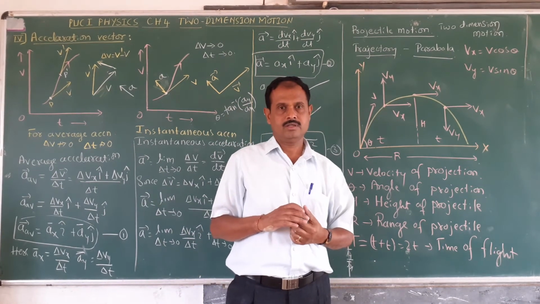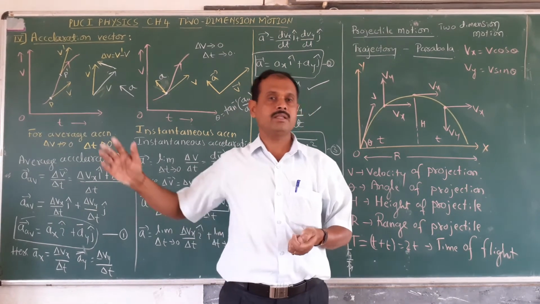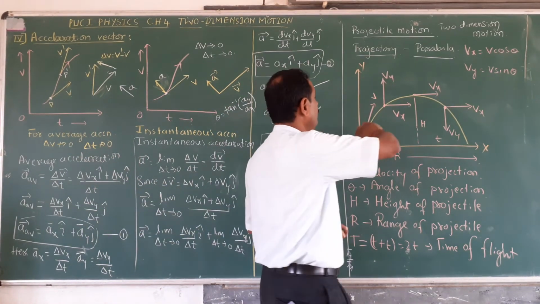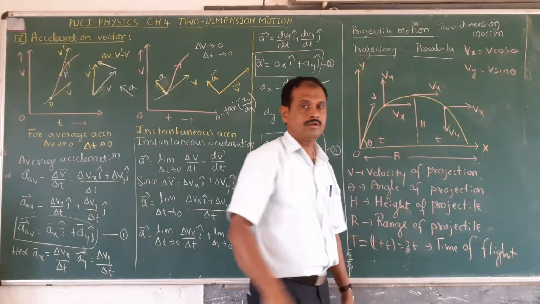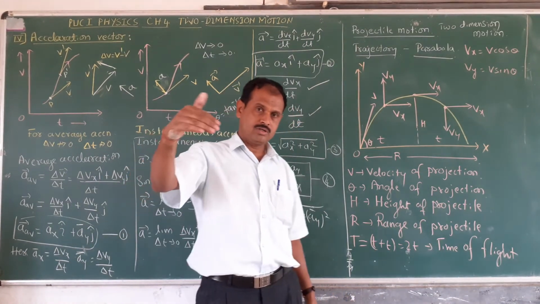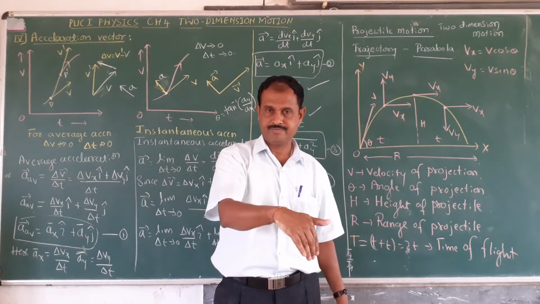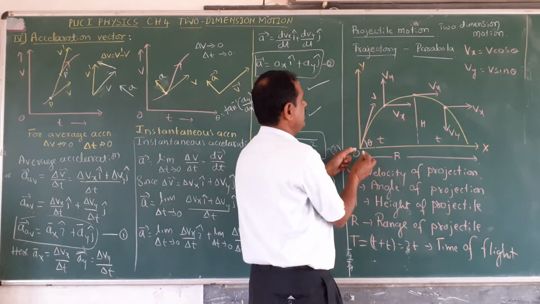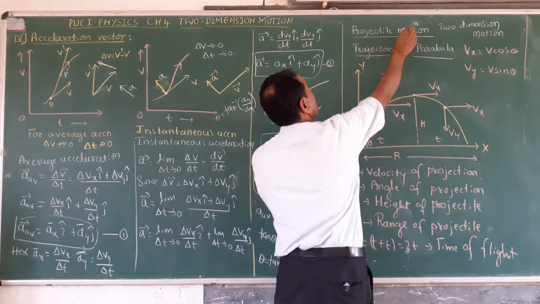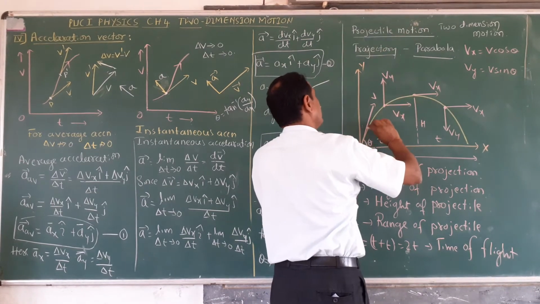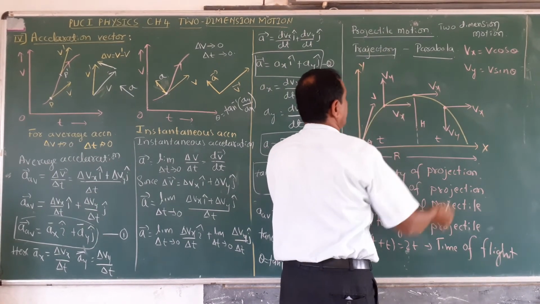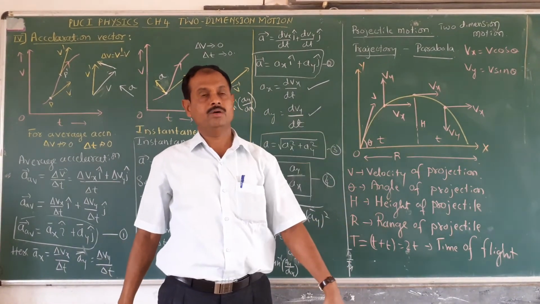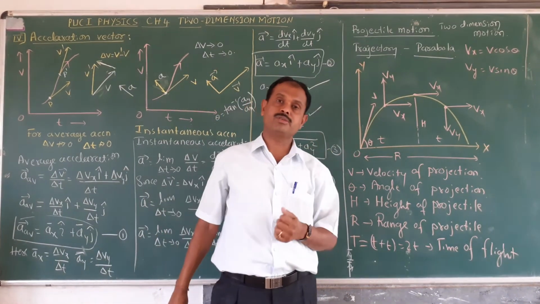A cricket ball struck by the bat moves like this. It moves due to the effect of gravity. Suppose there is no gravity, it would move straight. It moves in a curved path due to the effect of gravity. This is an example of projectile motion.